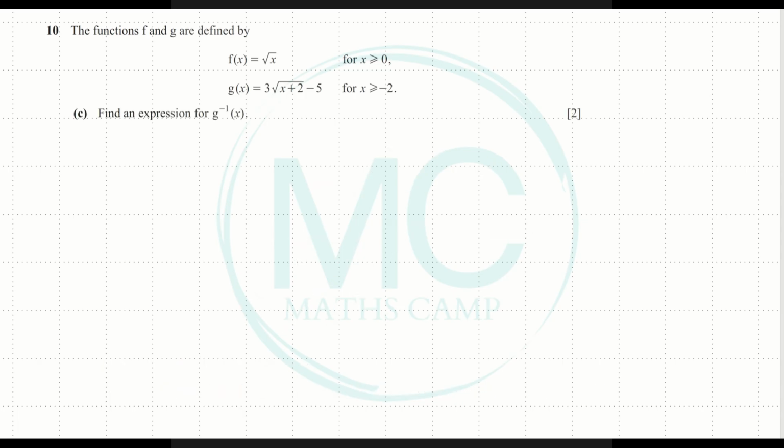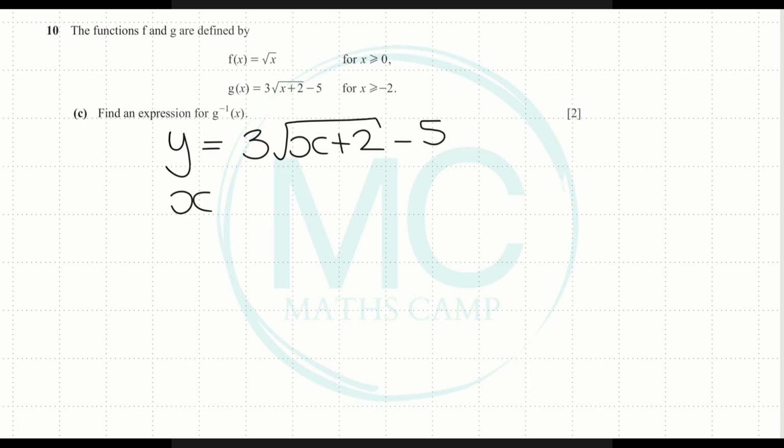Find an expression for g to the negative 1 of x. To find the equation of an inverse function, a good place to start is to write the equation of the original function with y as the subject. So instead of g of x, we're going to say y is equal to the square root of 3x plus 2, minus 5. Now we swap the x and y terms around.